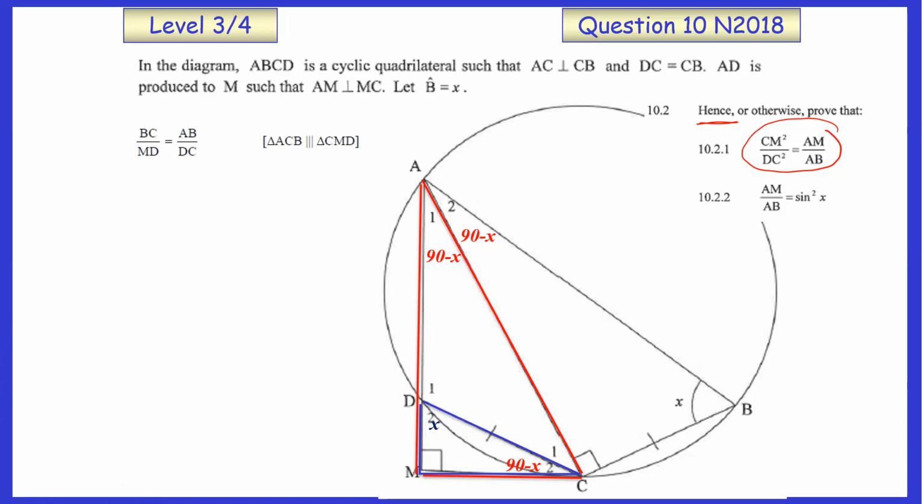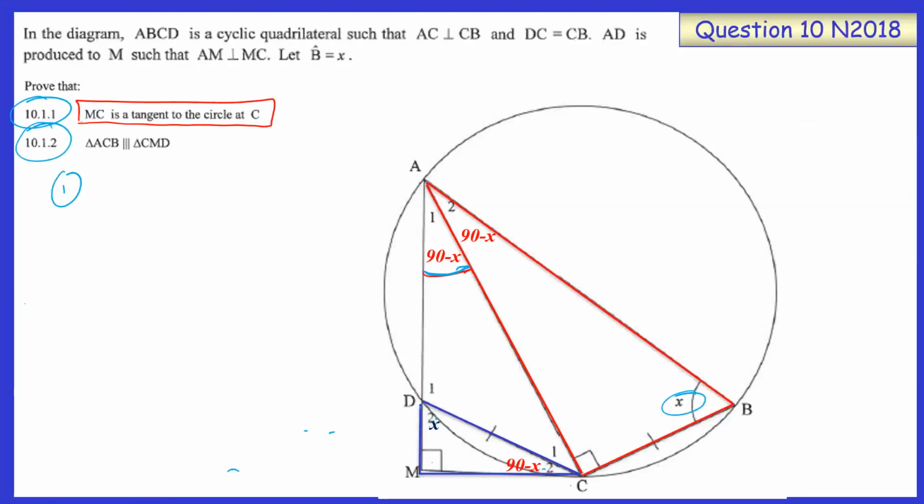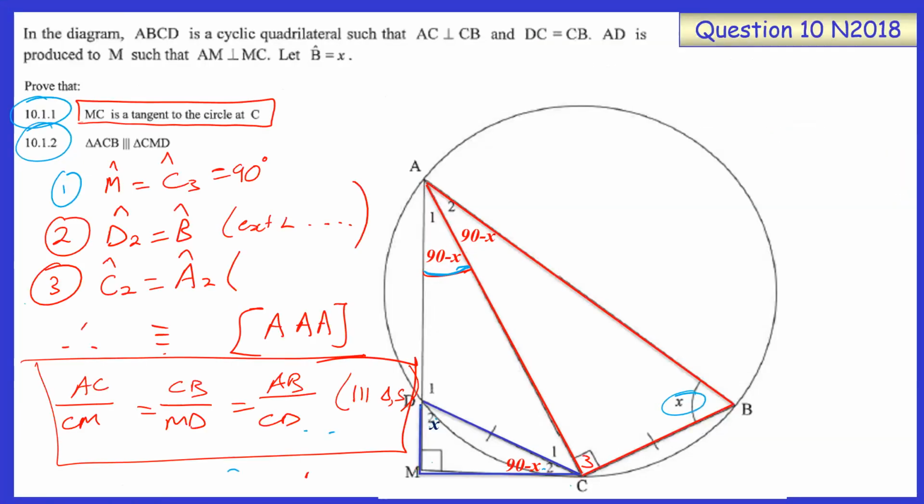So, what did we learn in the previous question? Okay, let me take you back. We learned that AM over CM is equal to CB over MD, which is equal to AB over CD.